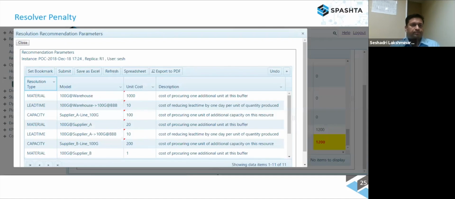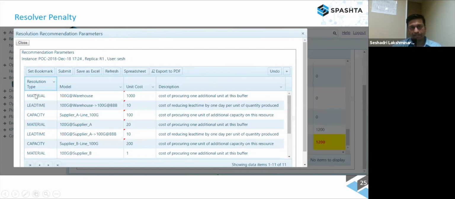How does the person resolve it? The very first thing the planner should look at is, what are my possible resolution possibilities. In this case, to satisfy that demand, there are all these possibilities.